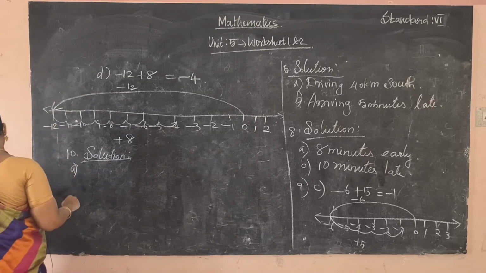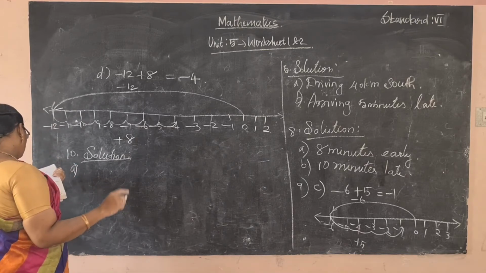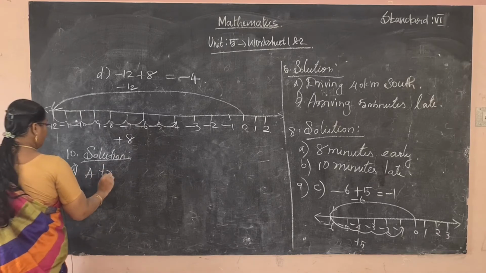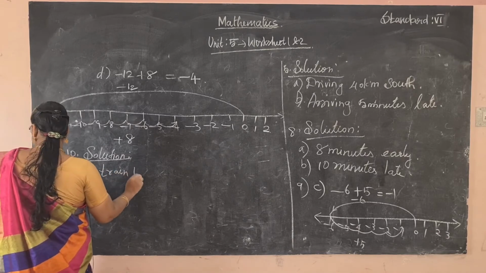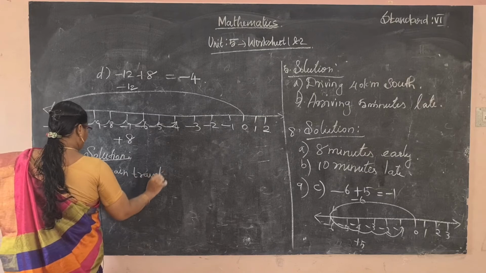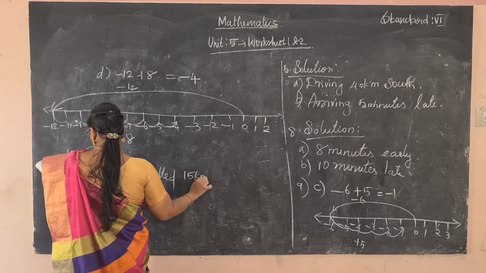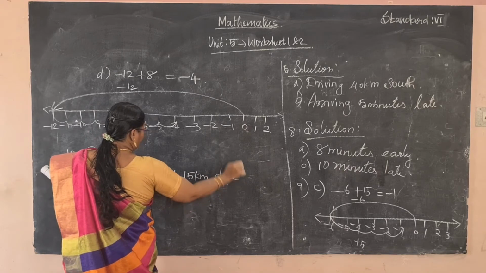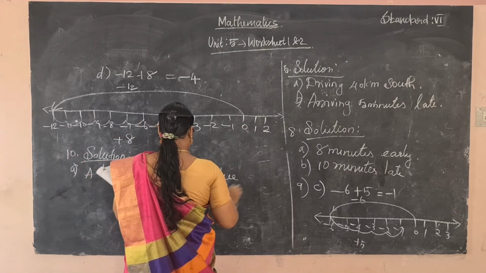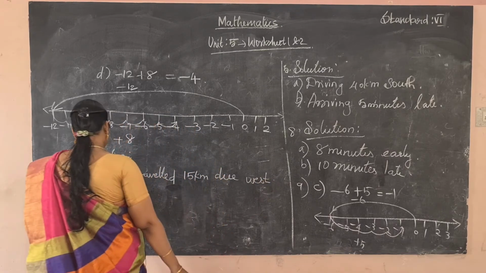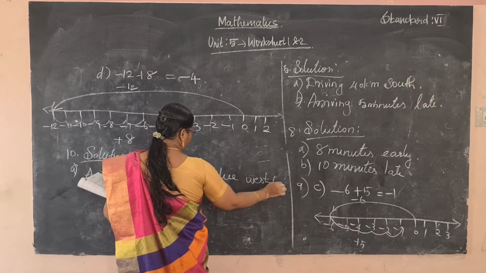First one is, where is the train in relation to its original position? So a train travels 15 kilometer due west. So west means negative.